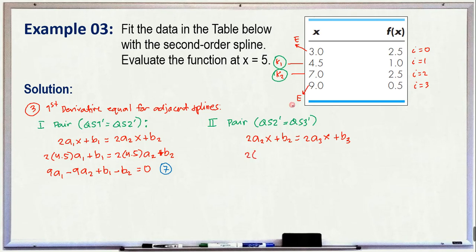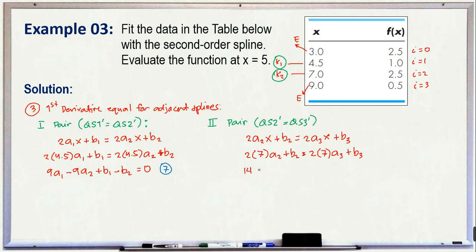So we have 2 times 7 a sub 2 plus b sub 2 equals 2 times 7 a sub 3 plus b sub 3. Simplifying, it becomes 14. Then we transpose a sub 3 and also b sub 3.